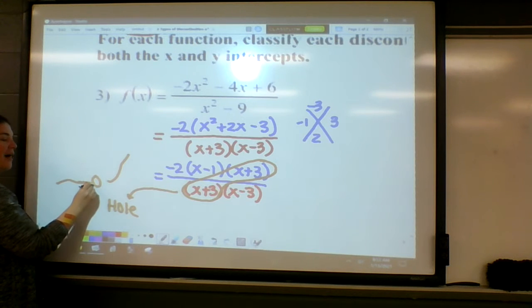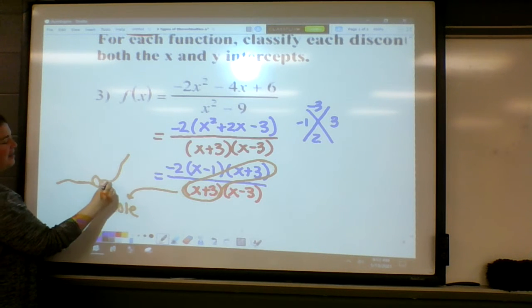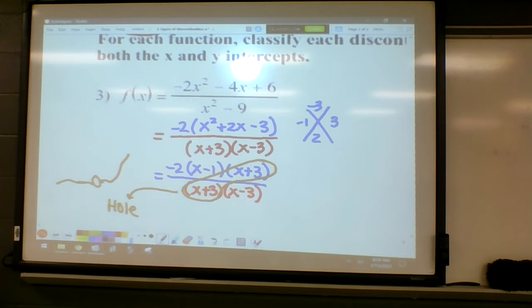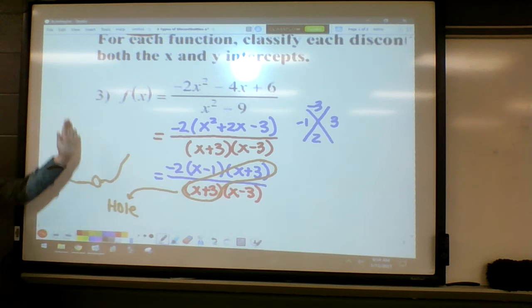So it's like la, la, la, la, hole in the graph, and then it just keeps going. All right, so what's happening is your graph is just going along, all of a sudden, bam, there's a point that you can't have because it causes you to divide by 0, and it is just a hole in the graph. All right, hole, yes, question?